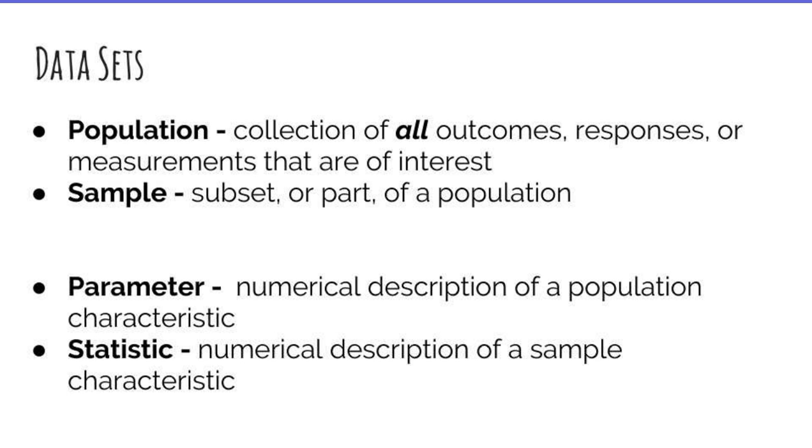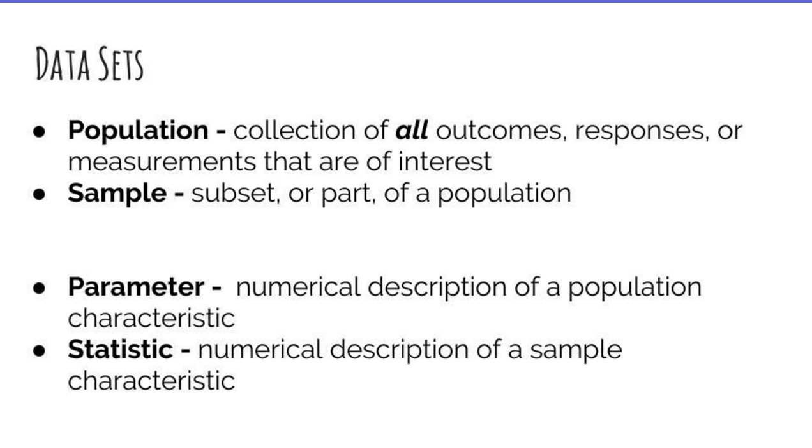All right. And when we have data about a population or a sample, we call them different things. If the data is about a population, we call it a parameter. If the data is about a sample, we call it a statistic. An example of a parameter would be if the population is the United States and I said 52% of the people in the United States are female.